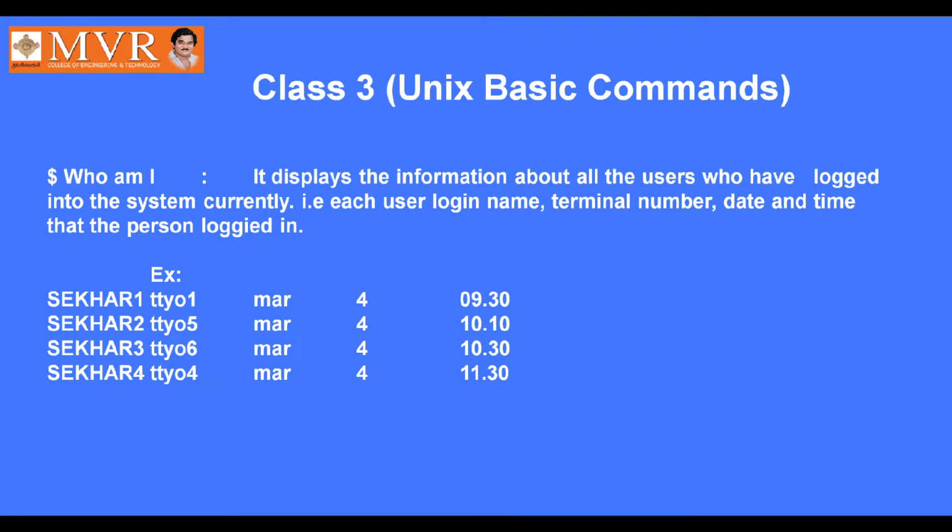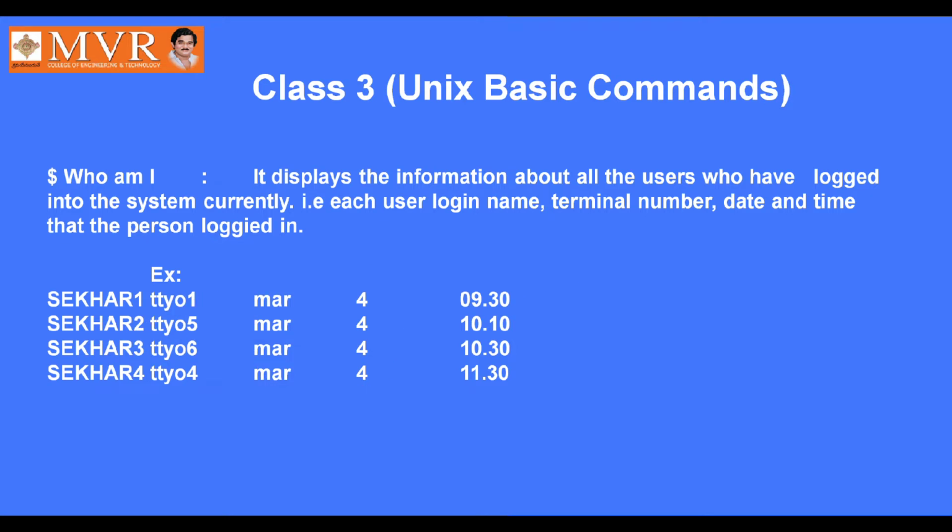Here, this TTY01 means the user Shaker 1 is using terminal 1, and he has logged in at around 9:30, on the date March 4th. It shows only the names of the users who are currently working. So this is the output you will get whenever you use the who am I command.